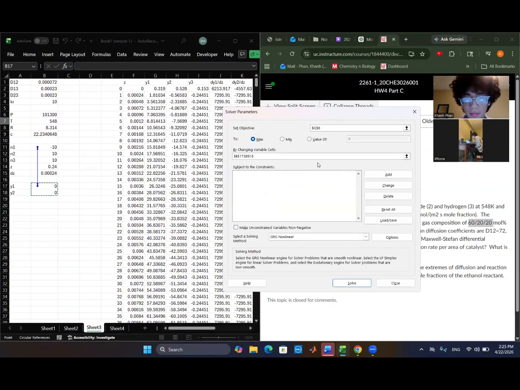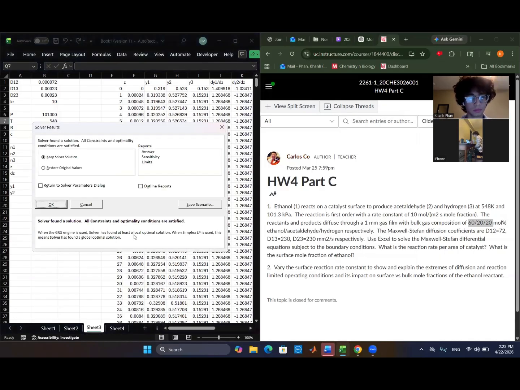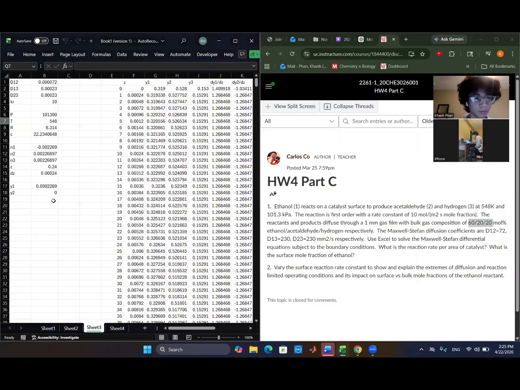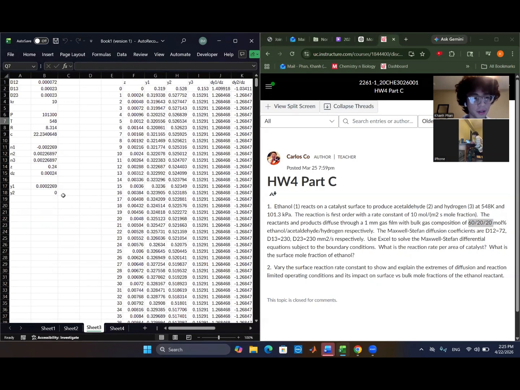Make it minimum and non-negative, and then solve it. It's going to take a couple of seconds. Perfect. So our solver gave us a result.